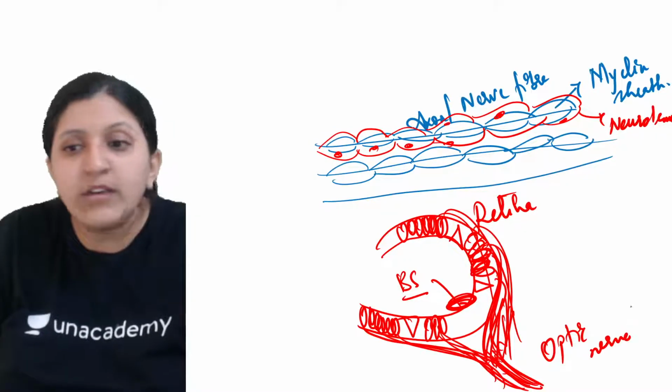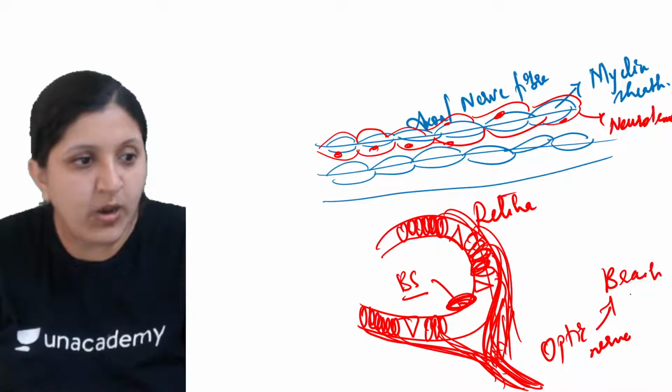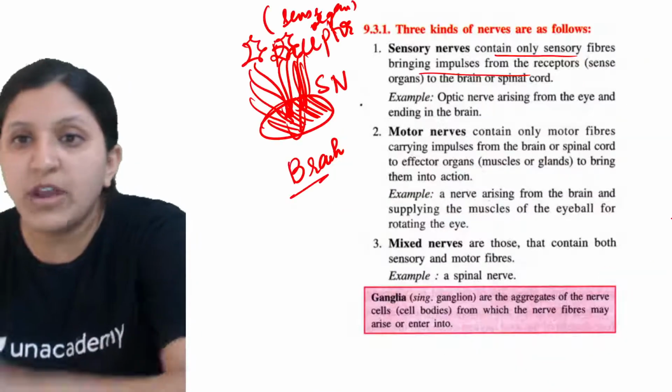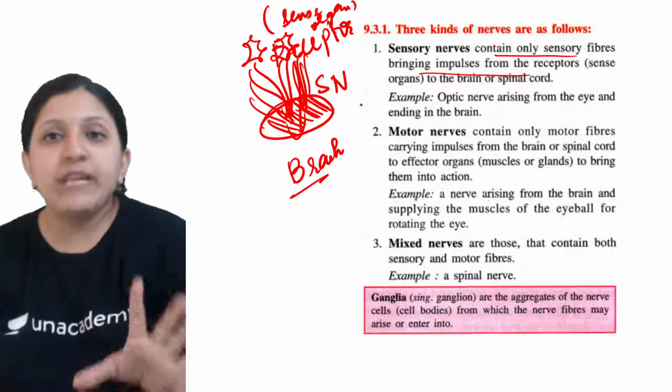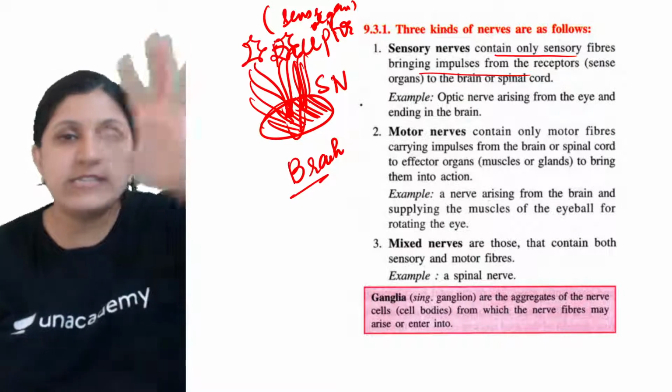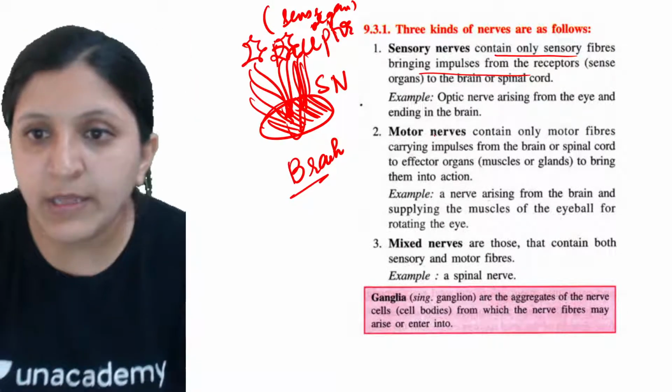This optic nerve connects to the brain. This is how the functioning is done. A sensory nerve mainly carries information from a sensory organ to the brain, like the optic nerve arising from the eye and ending in the brain.